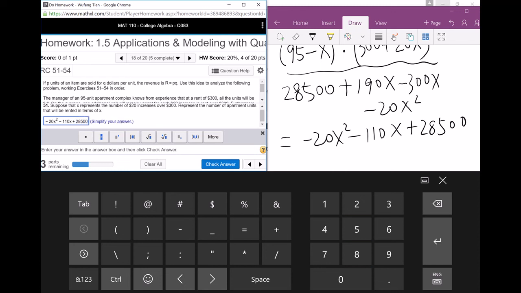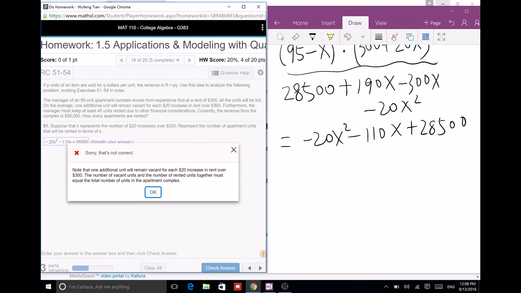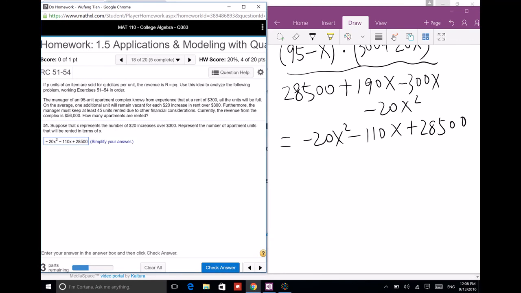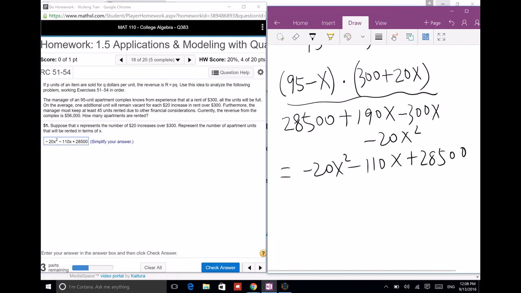Wait, did I do anything wrong? Suppose x represents the 20 increases over 300, so 300 plus 20x. Then multiply. Let me check that again. 95 and 28500. That's right.